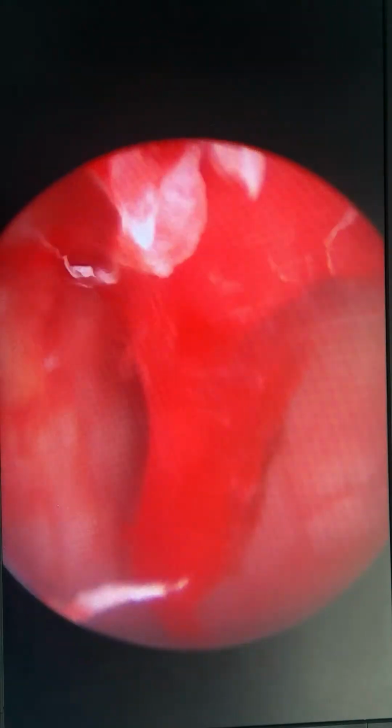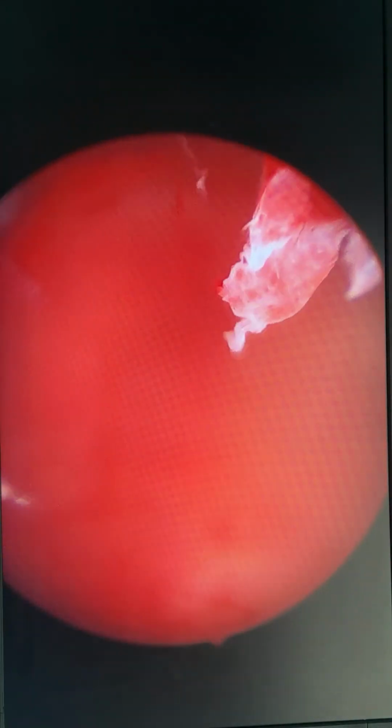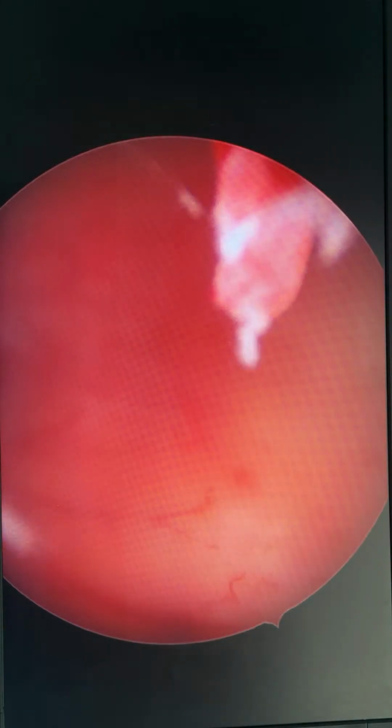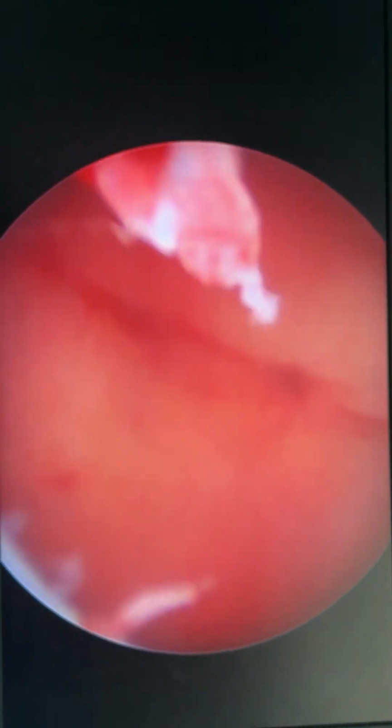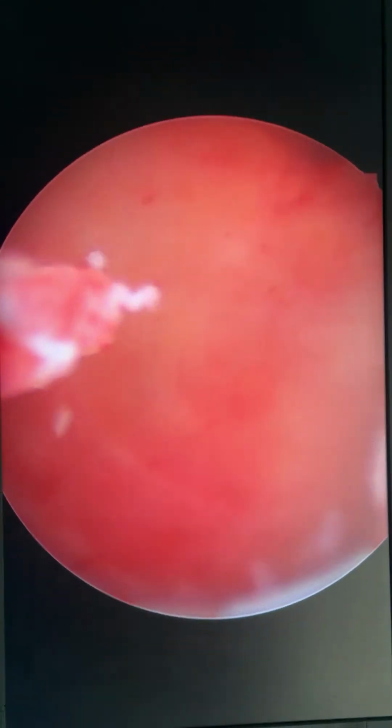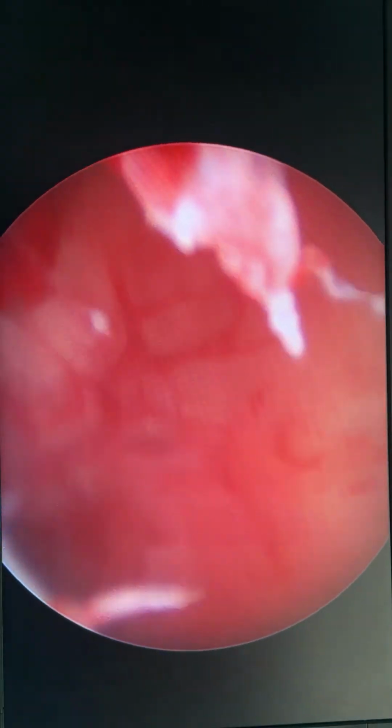So now that's the normal cavity. Okay, this is the niche.